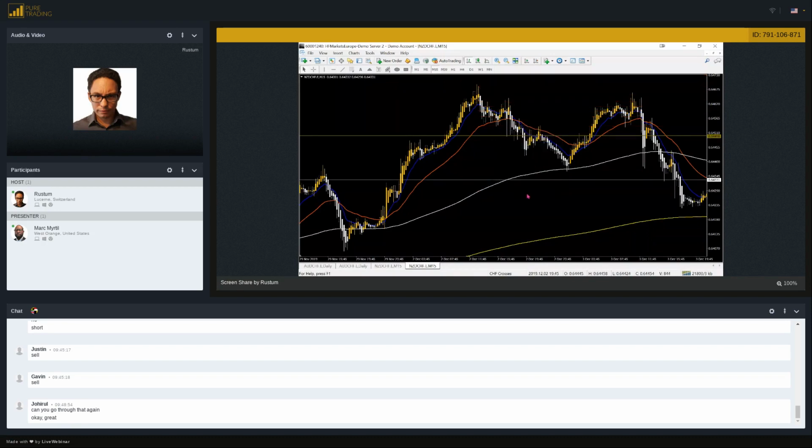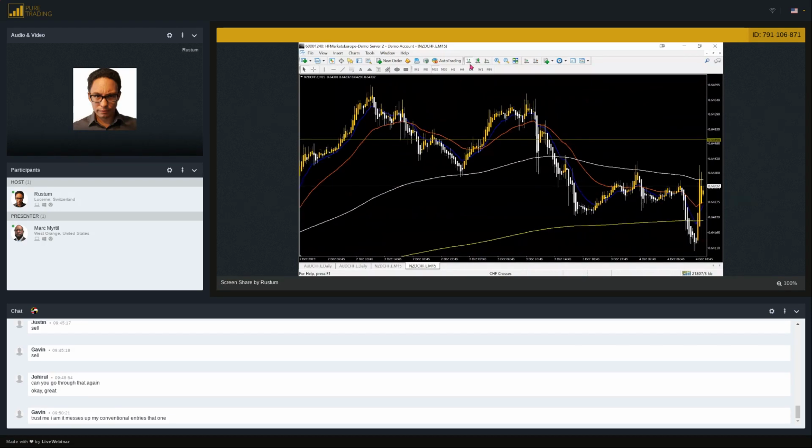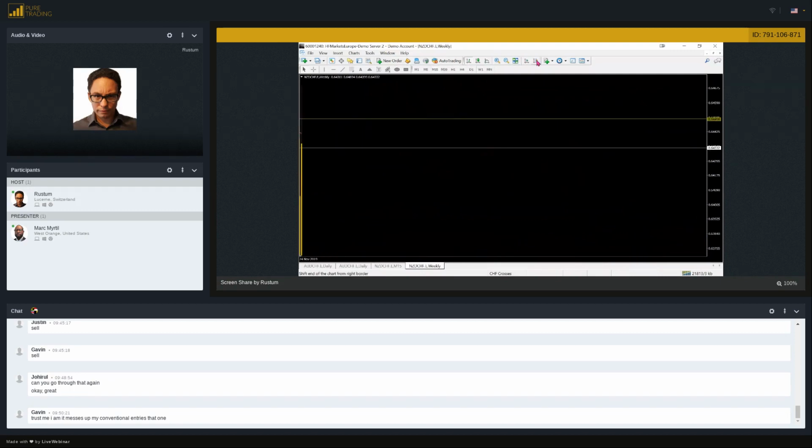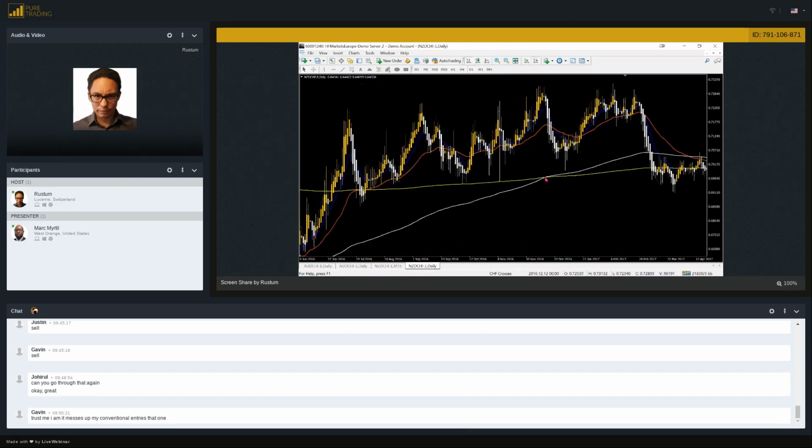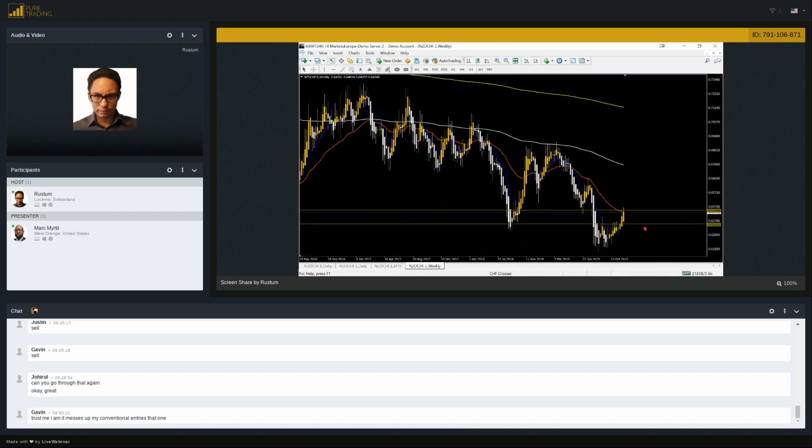Let's see if there's any more on this chart. You know from our top-down approach what it is we were looking for already. We weren't looking for anything other than a sell. Yeah, we went to our daily. First of all, we looked here and we saw that we were right on our 36 EMA. Right on our 36, a perfect selling opportunity.